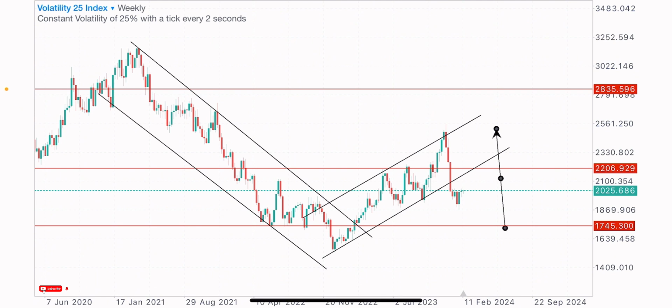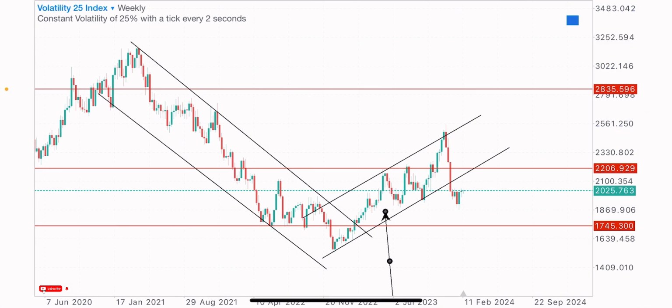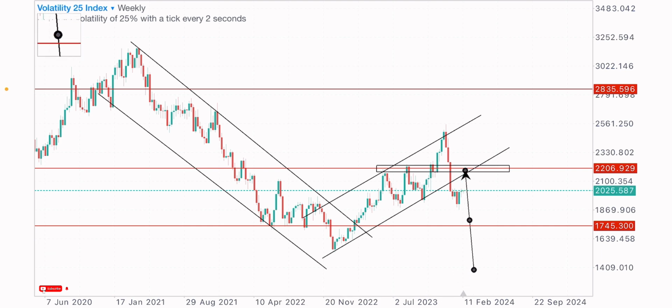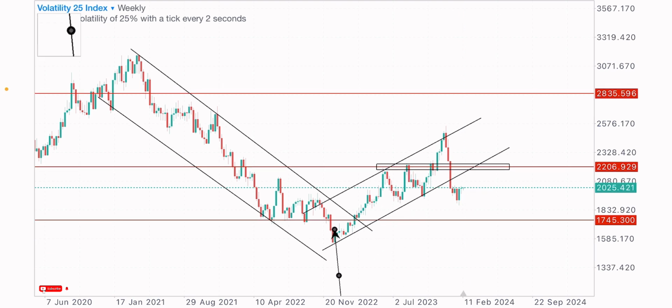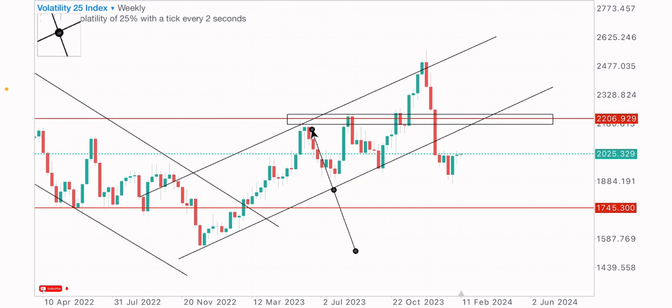There's one simple thing I'm expecting, which is a retest of this level in the coming days and weeks on the V25 index. Since we've gotten a break of this trend, it would be expected to see price move to retest this trend support that got broken, now turned resistance, as well as this resistance level on the weekly time frame, because we've seen that we got multiple market reactions on this level.